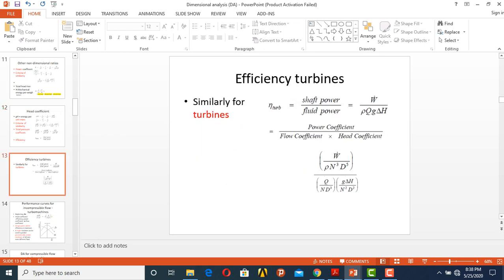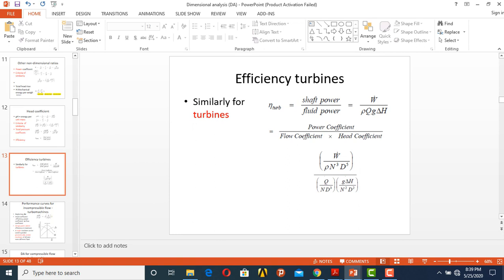Similarly, for the turbines, you can do the same. We know that the turbine is involved in generating energy, so harnessing energy. When we say harnessing, the machine is extracting energy. In the previous case, the pump is adding energy to the fluid, but in the turbine, energy is being extracted from the fluid.